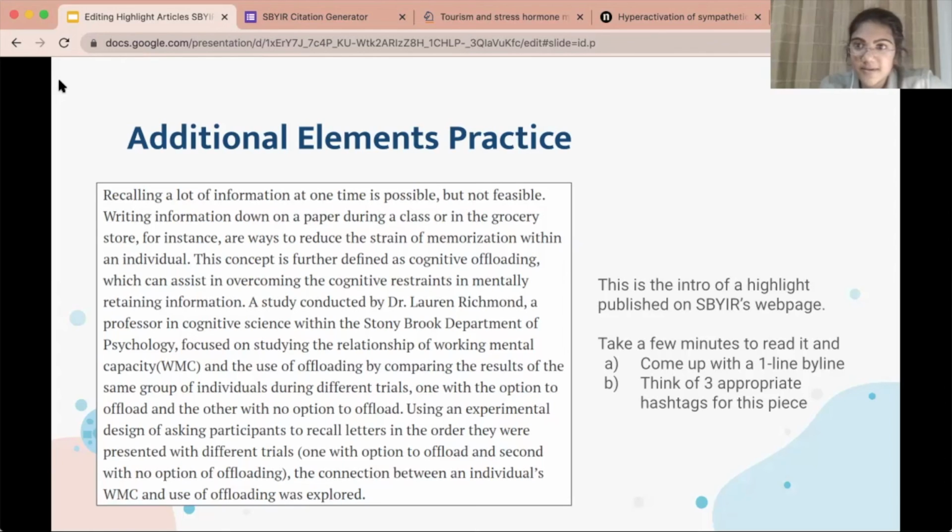Okay, does anybody have any ideas for a byline? You can unmute or you can put it in the chat. Or if anyone has any ideas for hashtags, you could also drop that.